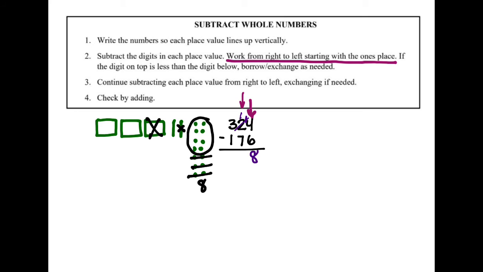I'm going to take this one and change it into 1, 2, 3, 4, 5, 6, 7, 8, 9, 10 rods. And now I can take 7 away. So there's 1, 2, 3, 4, 5, 6, and I'm going to take the original one, 7, away. So I have 4 left.